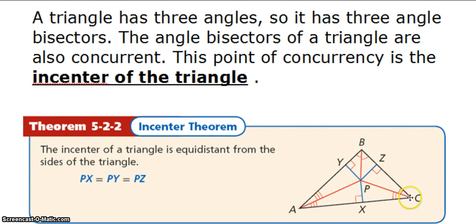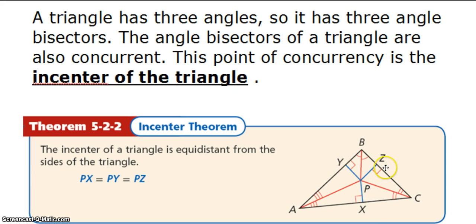So let's see this. The incenter was found by bisecting each angle, right? And now if we take that point P and draw the shortest possible line to each of the legs of the triangle, we have 3 segments that are congruent. These segments are not necessarily bisecting the sides of the triangle, right?